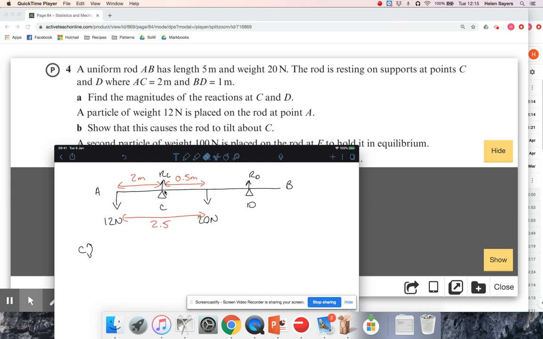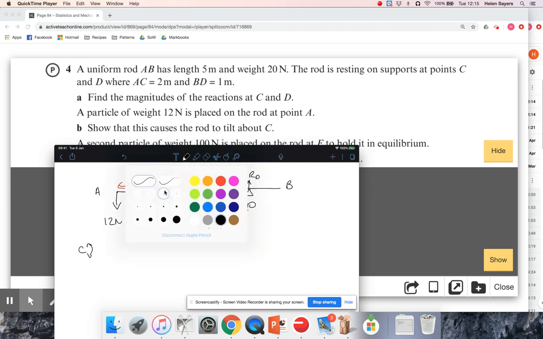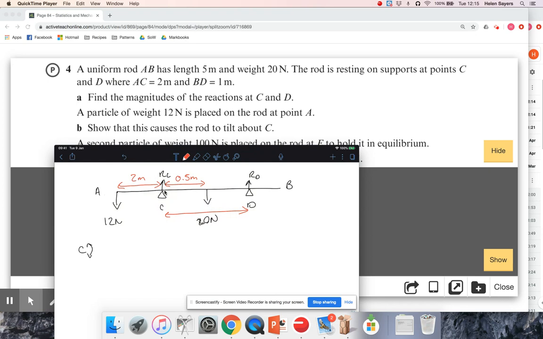And then I'm also going to need, I'm taking moments about C, aren't I? So I want that distance there, which we already had to work out in part A. And we said, well, if that's 2 meters and that's 1 meter and the whole thing is 5 meters, that must be 2 meters.